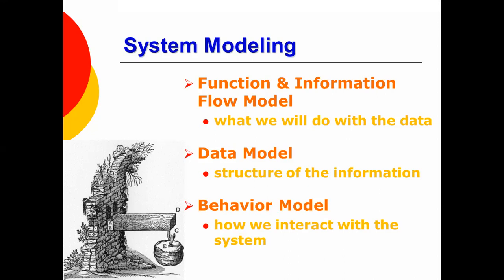The data model is the structure of the information. As the name indicates, it is the structure of the information: how we are going to store the information and how we will retrieve it. For that, we will use the data model. Another is called the behavior model, which describes how we interact with the system.